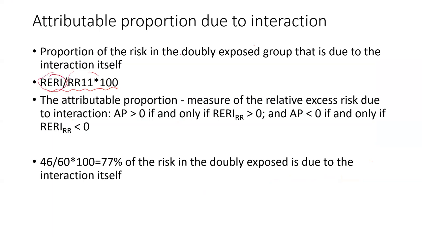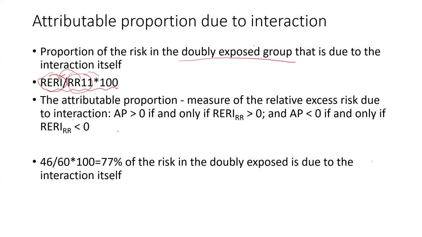So the proportion of the risk in the doubly exposed group which is due to the interaction per se. R11 is the risk in those who have exposure to both. Of this total risk, how much is due to the interaction per se? That is the attributable proportion due to interaction.